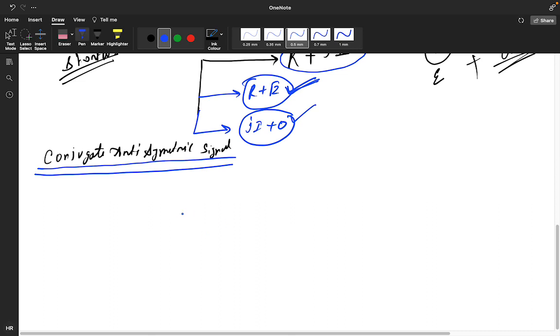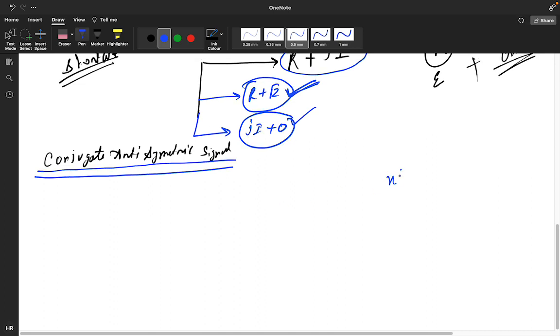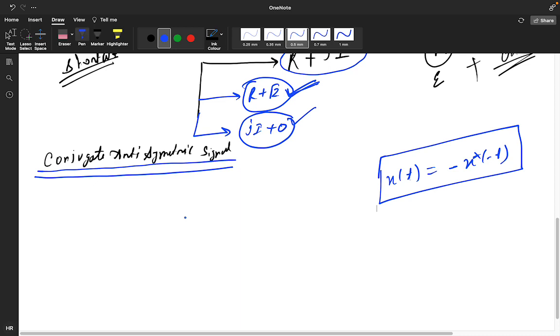So what is the property of a conjugate anti-symmetric signal? For a conjugate anti-symmetric signal, if you are getting the signal like x of t equals minus x conjugate of minus t, then the signal will be conjugate anti-symmetric. Write the shortcut first for this.